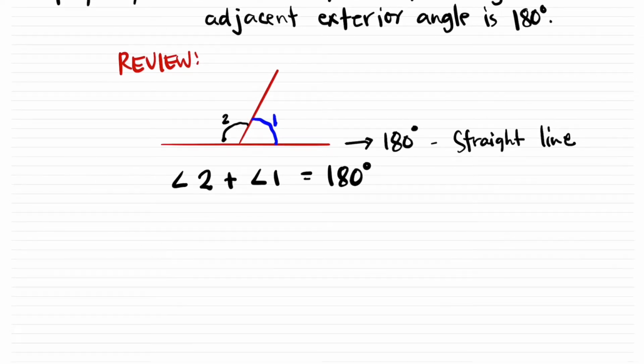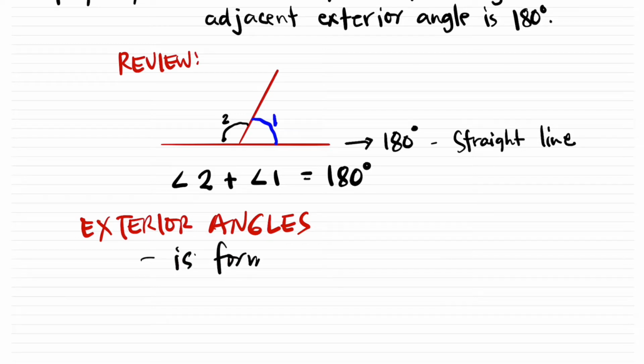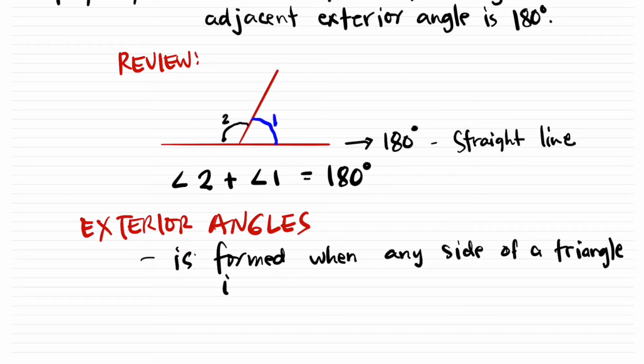Alright, so now we go back to the property. We define an exterior angle as an angle that is formed when any side of a triangle is extended.